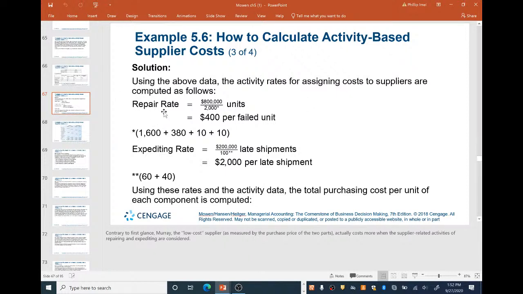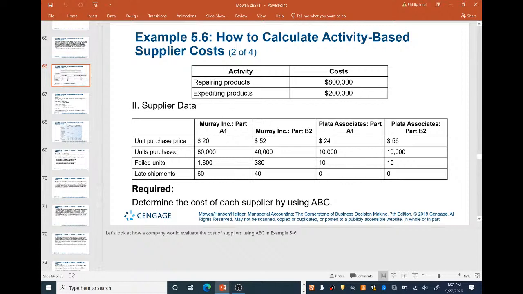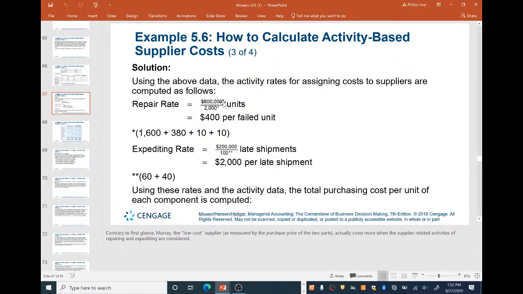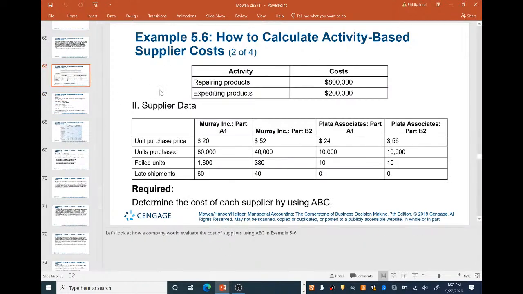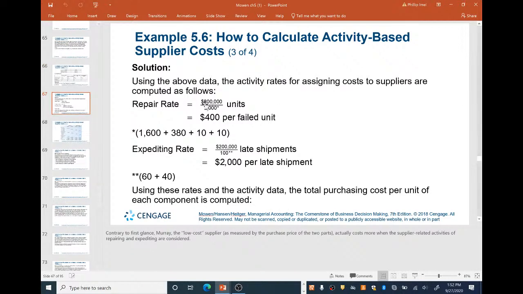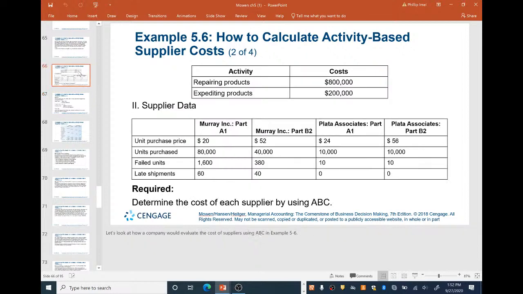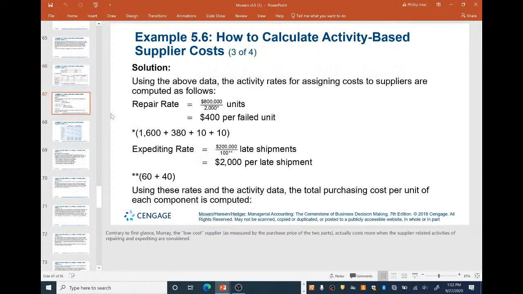So the repair rate is 800,000 divided by 2,000 units. Repair products, there's the cost, and the repair rate is the cost over the total units.